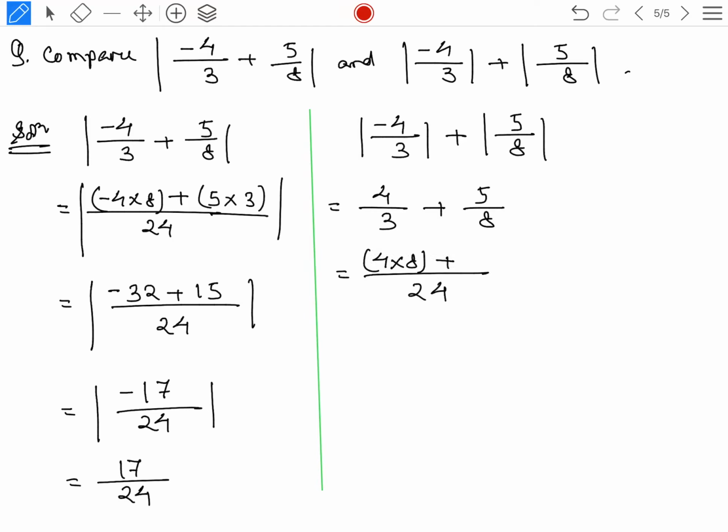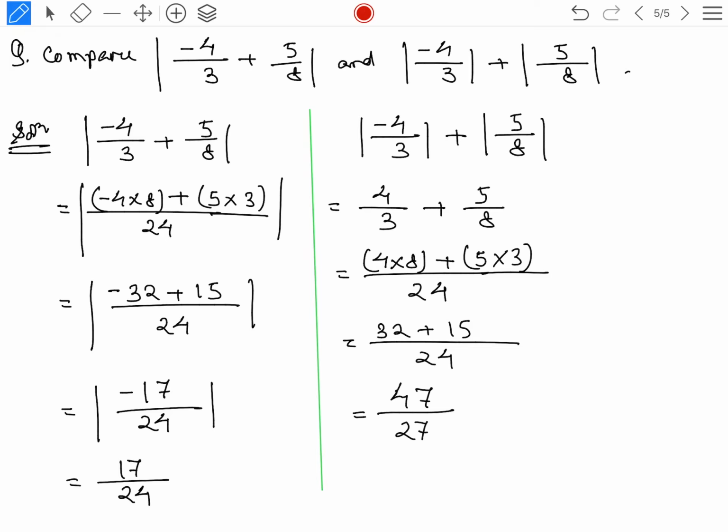Same: 4 into 8 plus 5 into 3. Now 8 4s are 32 and 5 3s are 15, divided by 24. So 32 plus 15, how much? 47. 47 by 24.